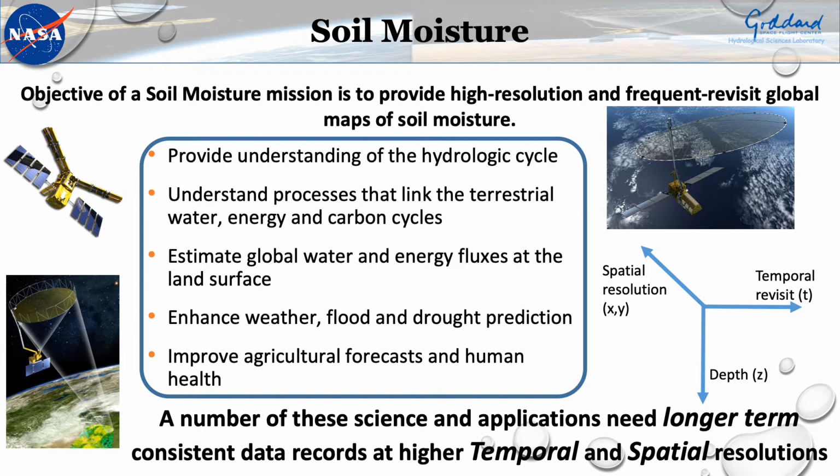Now, what you can do with this, it provides an improved understanding of the hydrologic cycle. You can link the processes of the terrestrial water, energy, and carbon cycles, many different applications. But the key here is to have a long-term consistent data record at the highest possible temporal and spatial resolution so that you can strategically merge these with in situ observation networks.